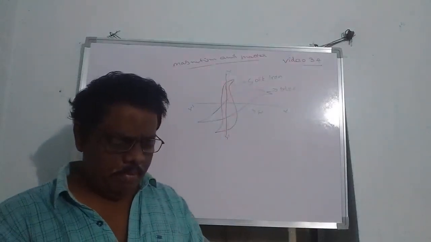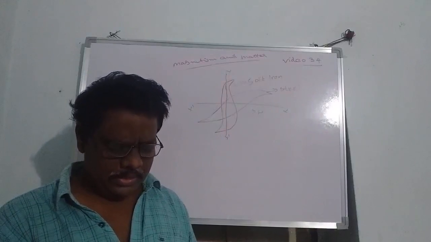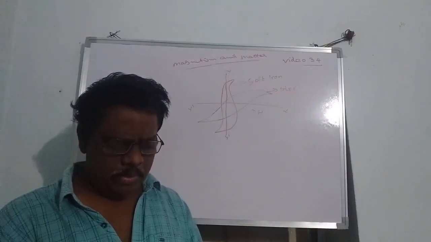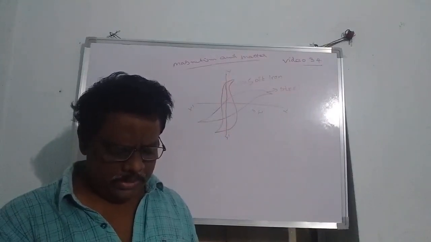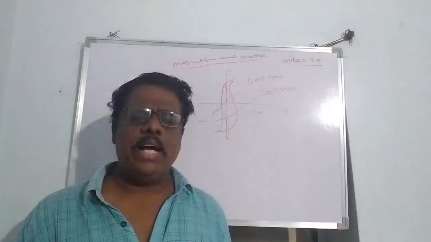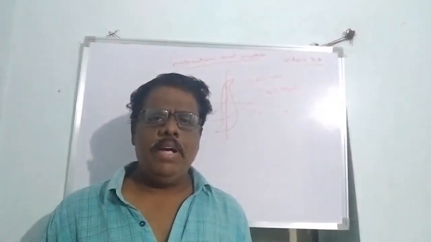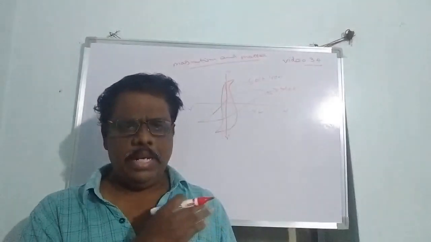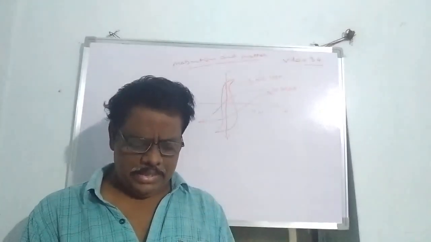What are the main uses of this hysteresis curve? Note down some of the points. We have to choose the correct material for a specific purpose. That is the use of this hysteresis loop.